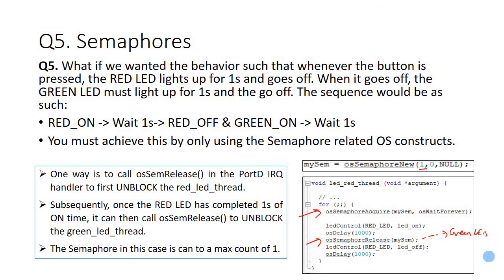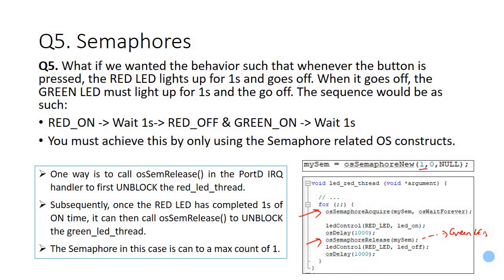So about the time when the red LED goes off, the green LED becomes ready and is able to light up. You will see the red LED light up for 1 second, and when the time expires, another semaphore is released from the red LED thread, which unblocks the green LED thread and allows it to run for its duration and light up the green LED. So you will see the sequence: red LED on, then green LED on. That is the sequence you will observe in this scenario.